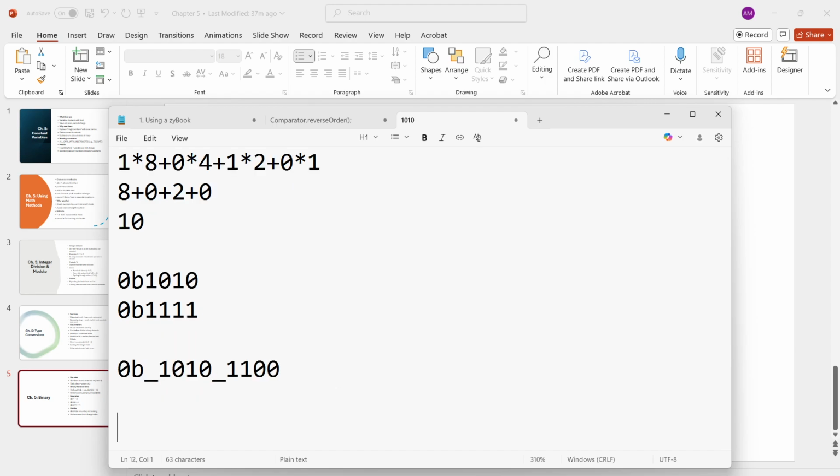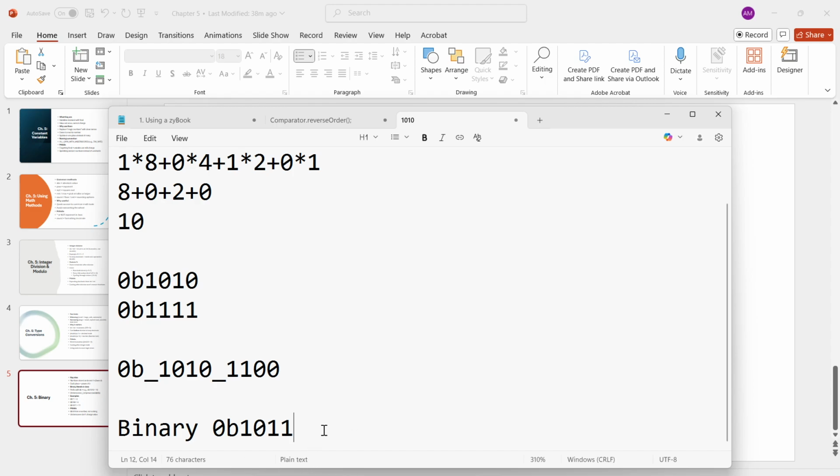A couple of tiny conversions to make this real. Binary 0b11 is basically decimal 3, which is 2 plus 1. Binary 0b100 is decimal 4, which is 4 plus 0 plus 0. And 0b1011 is decimal 11, 8 plus 0 plus 2 plus 1.